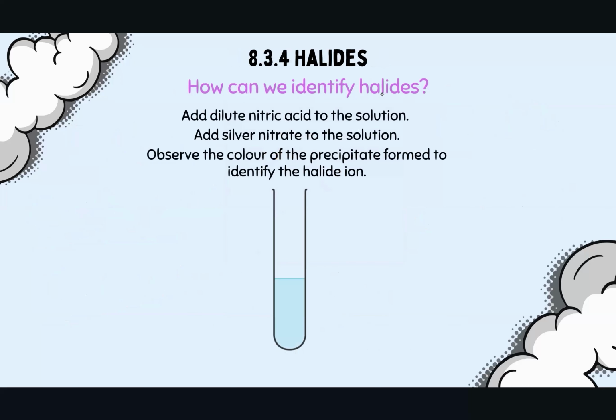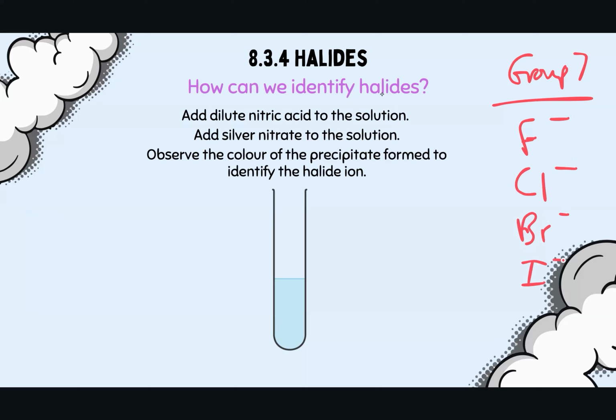Okay, how can we identify halides? Halides are from group 7, halogens. So F minus, Cl minus, because we're talking about ions, not atoms. Bromine, bromide, Br minus, iodide, I minus. So what we can do here is add dilute nitric acid to the solution.